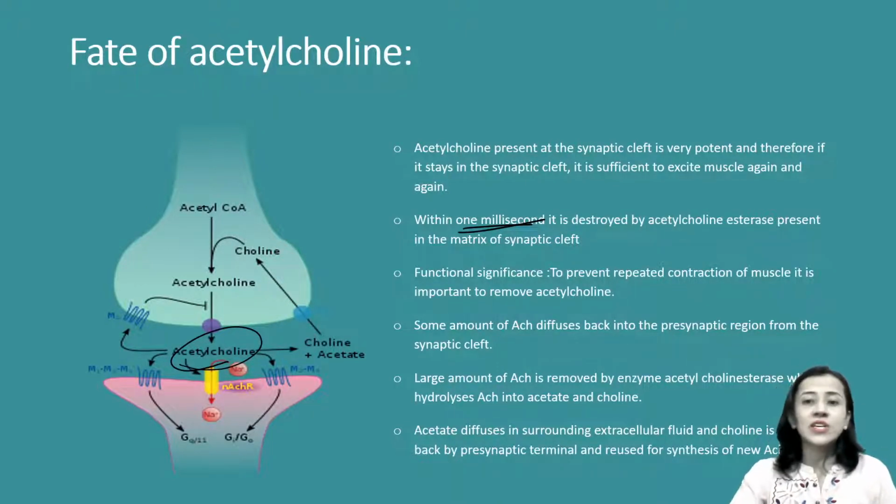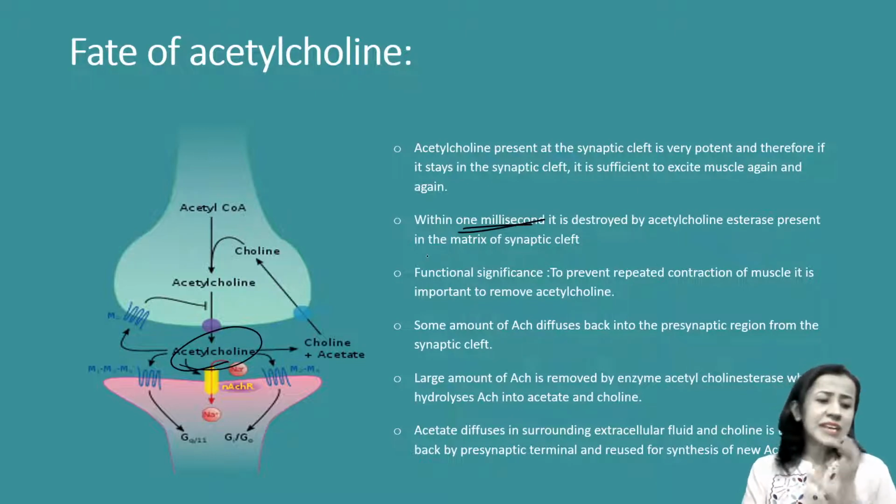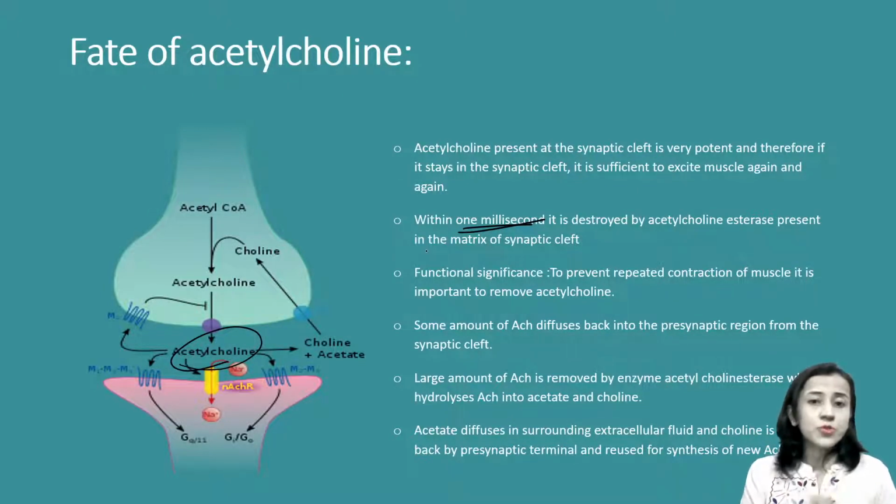This acetylcholine esterase is present in the matrix of the synaptic cleft. What is the importance of this acetylcholine esterase? If it is not present, what happens? Then continuous stimulation results in continuous contraction of muscle. To prevent this, we have to remove this acetylcholine.